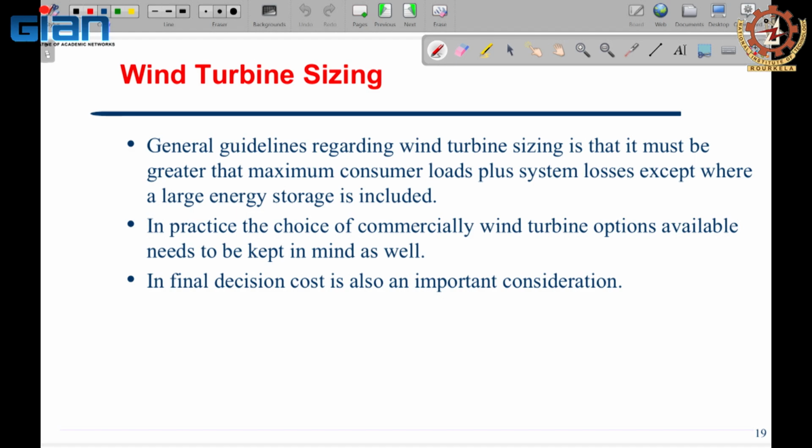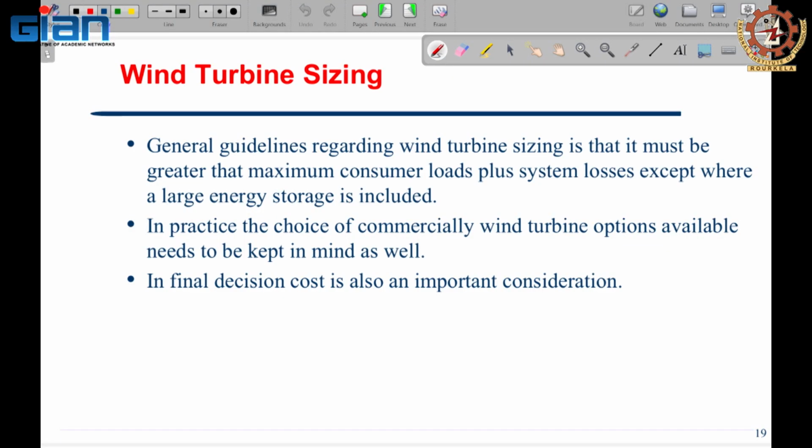So when we are talking about what should be the size of the wind turbine, in principle the wind turbine size should be greater than the maximum consumer load, plus you have some system losses.